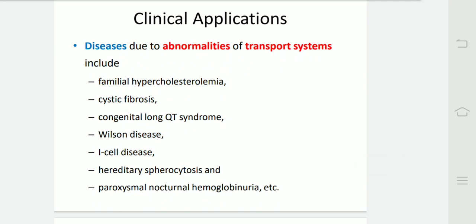Diseases due to abnormalities of transport systems include familial hypercholesterolemia, cystic fibrosis, congenital long QT syndrome, Wilson's disease, I-cell disease, hereditary spherocytosis, and paroxysmal nocturnal hemoglobinuria.